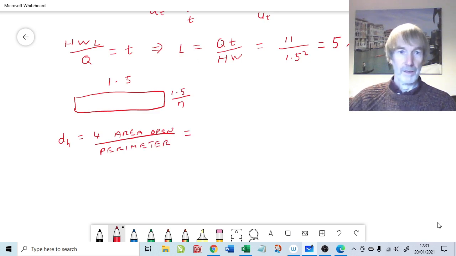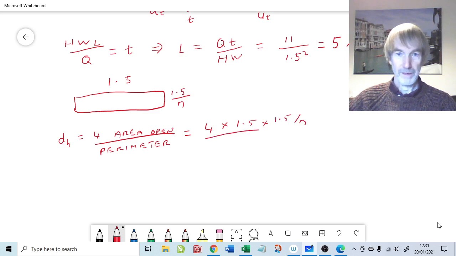Okay, so the area open to flow is going to be 1.5, so that's times by the width, 1.5, times by the height of the channel, which is 1.5, divided by n. The perimeter, that's n, not m.